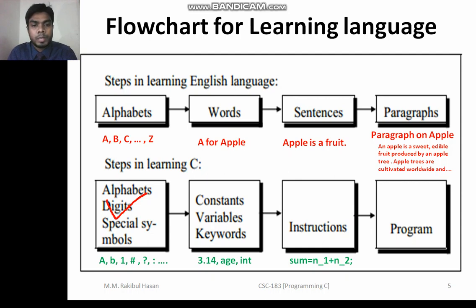And at last I'm using one semicolon, isn't it? Like after each and every sentence we have to use a full stop, in the same way in C programming language we have to use this semicolon. So this semicolon basically plays the role of a full stop in C programming language.